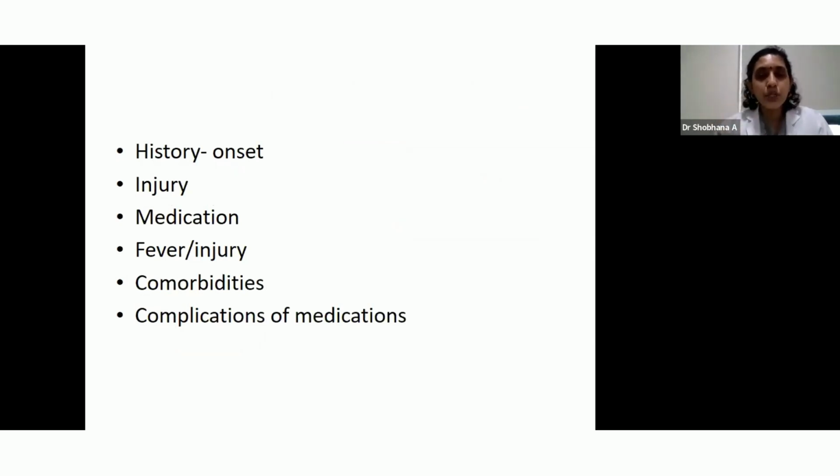They may have scalp injuries, or in elderly they may fall with head injuries. So it is important. Medication history is very important, what all medications they are taking, when they last took the medicine, have they been following the proper routine or not. Any fever or any other injury is also important because that may be a precipitating cause.